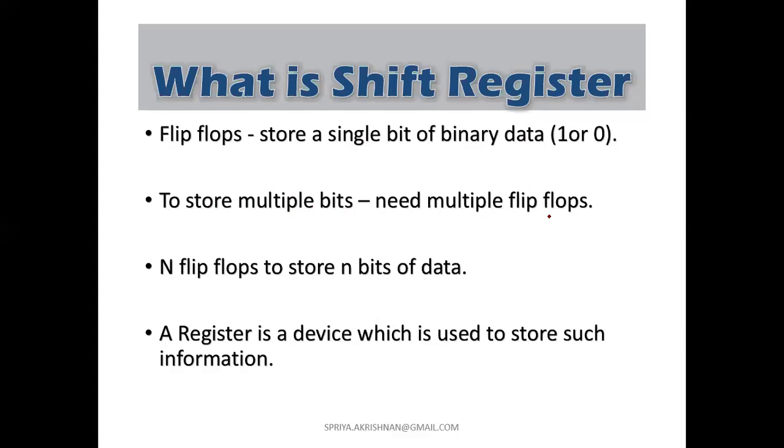But if you want to store 4 bits, you take 4 flip-flops. If I want to save 10 bits, then I'll take 10 flip-flops. Okay. So it's purely decided on how many bits I want to store. It's like how many dresses I have. If I have more dresses, then I want to take a very big wardrobe.